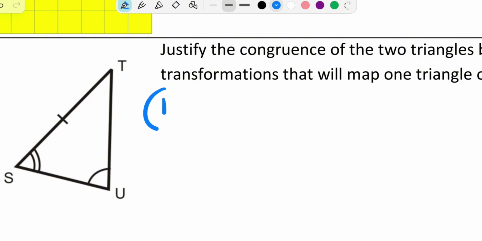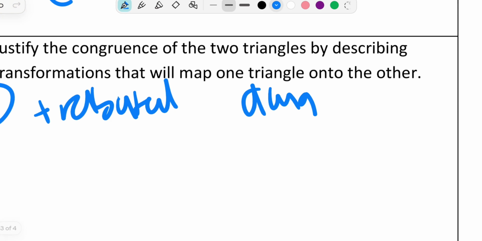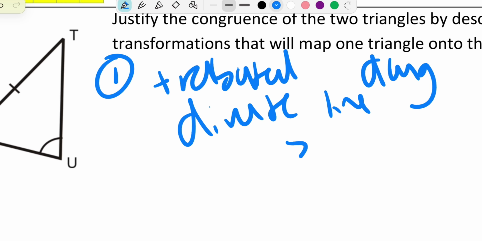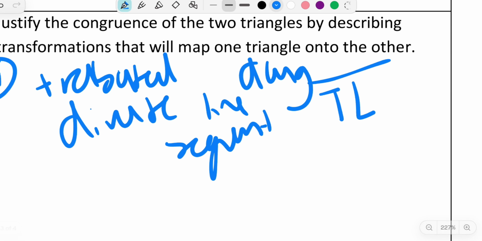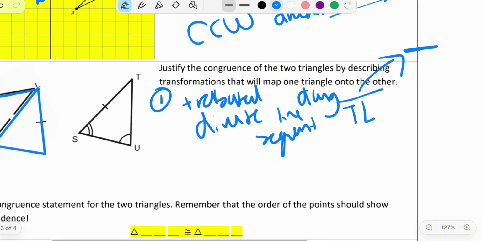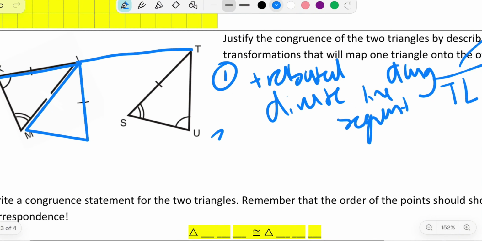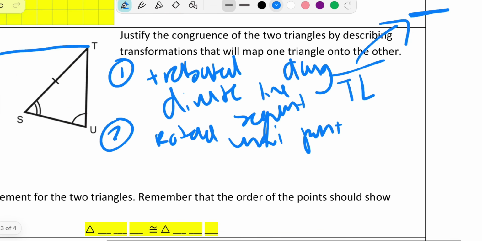So what we did firstly is that we translated along directed line segment TL, and I don't know if you guys know this, but if there's a line segment, it has to have this little line on top of the two letters, right? This was the line that we translated on, and then we still had to rotate, so we rotated until point S, well, S prime, right?